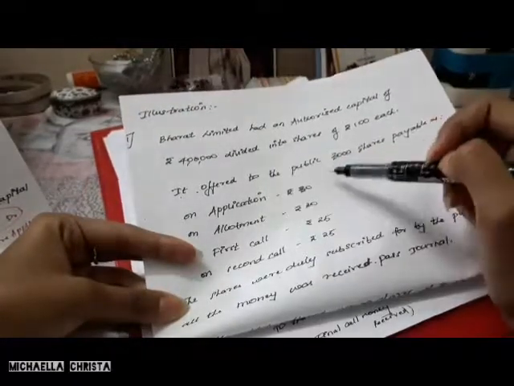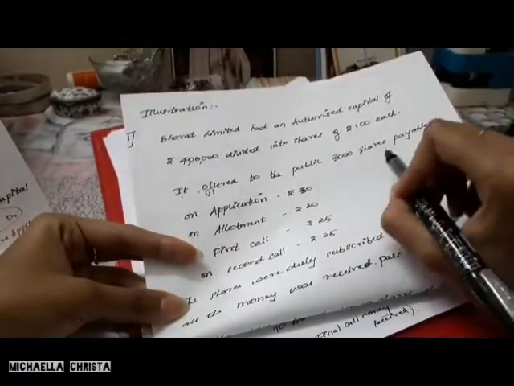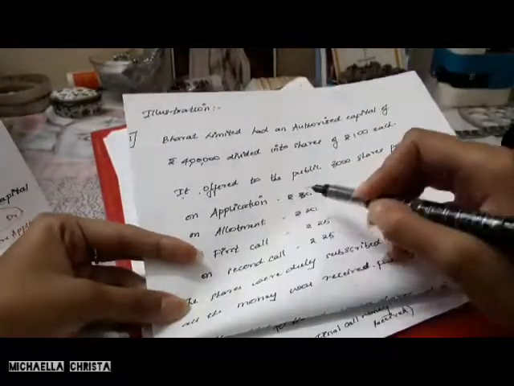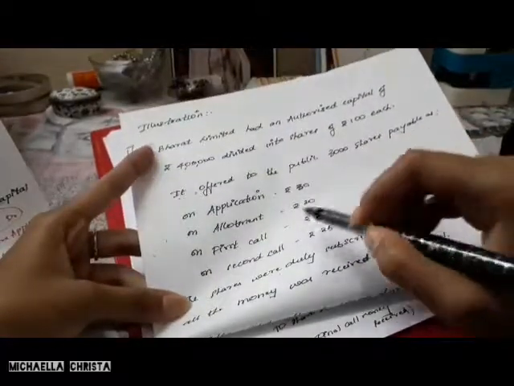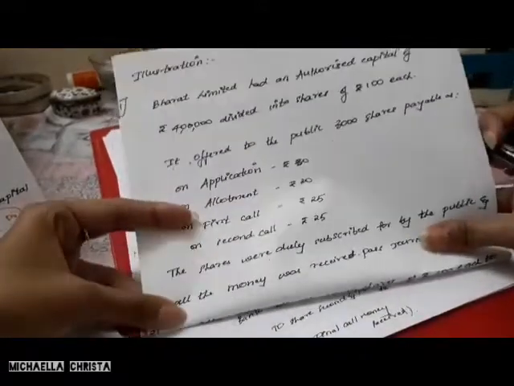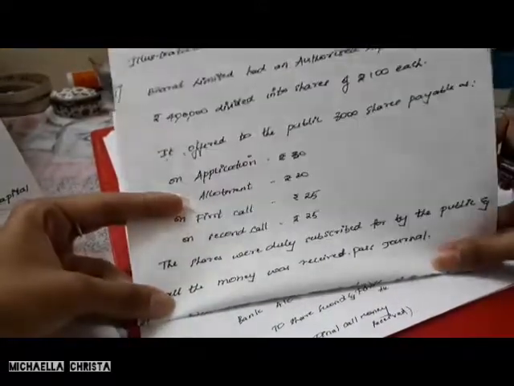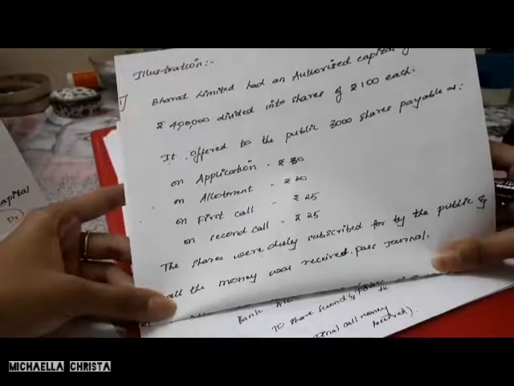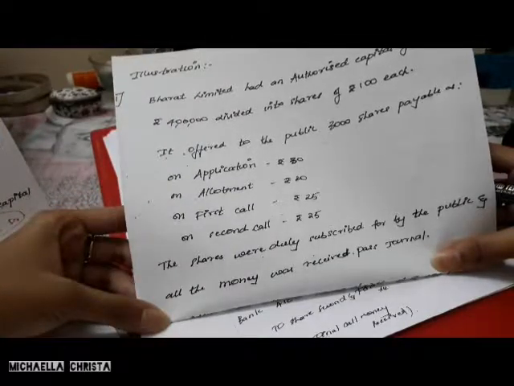It offered to the public 3,000 shares payable as follows: application 30, allotment 20, first call 25 and second call also 25. The shares were duly subscribed for by the public and all the money was received.